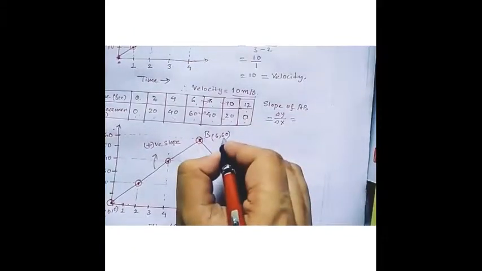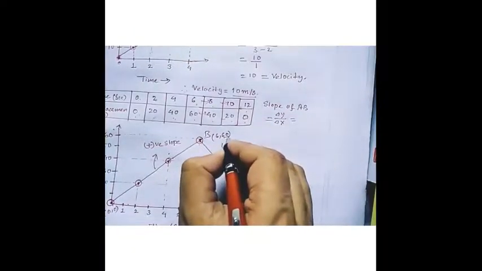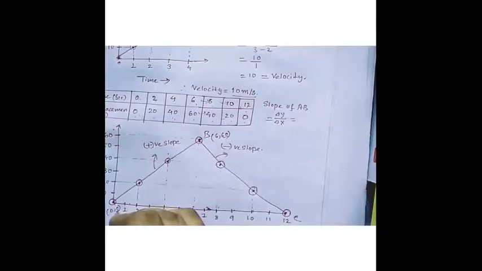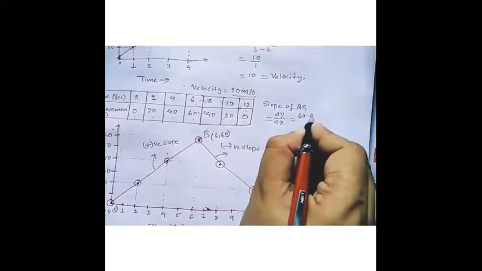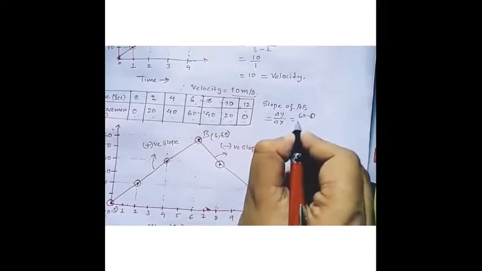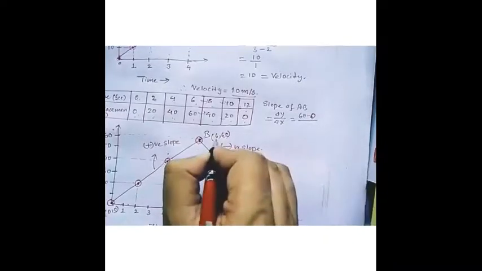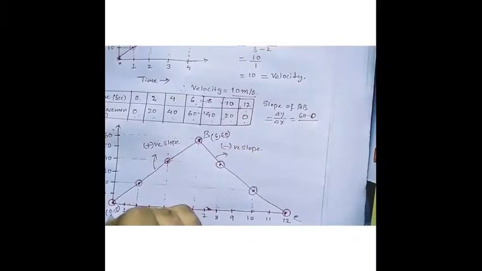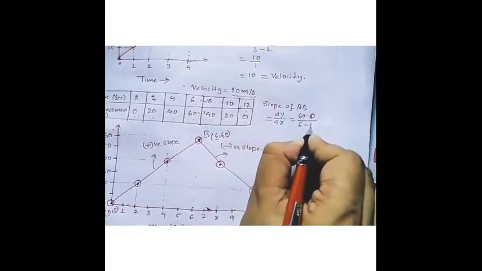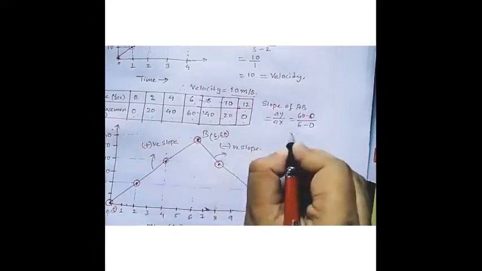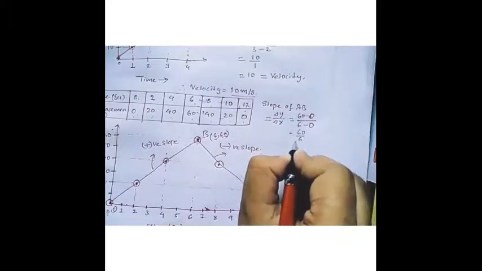The coordinate of A is 0. So here del y is 60 minus 0, and del x is 6 minus 0. So 60 minus 0 is 60 and 6 minus 0 is 6.